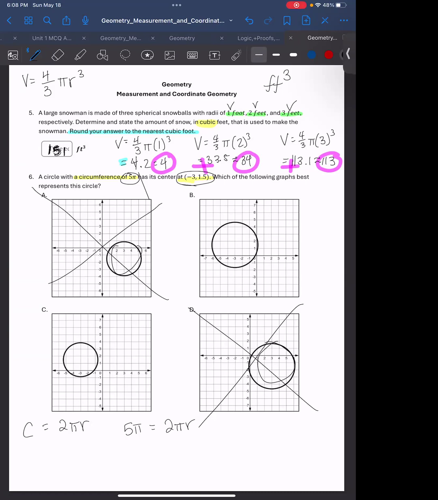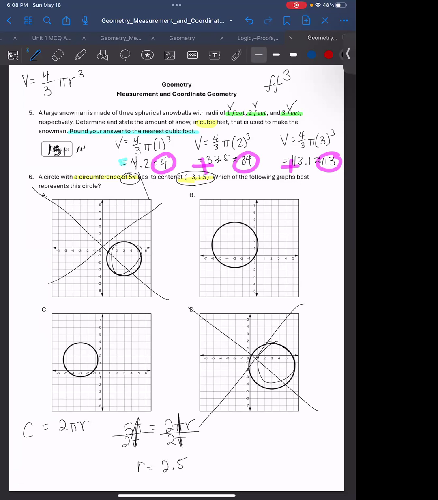Remember, this is all being multiplied, so the opposite of multiplication is division. Now I'm going to just divide everything by 2 pi. Pi is going to just cancel out. Now, what is 5 divided by 2? Would that be 2.5? 2.5.